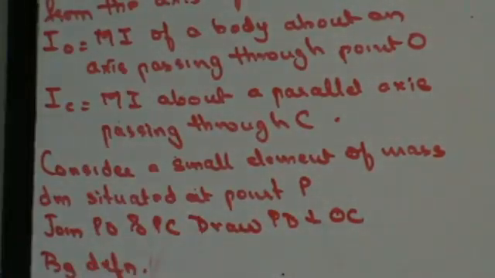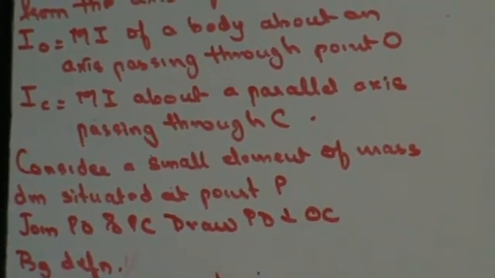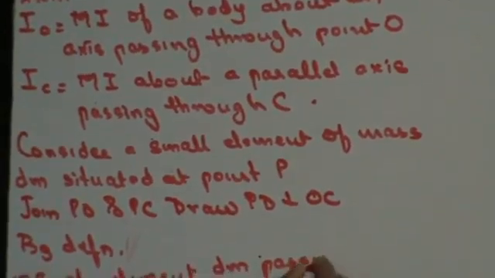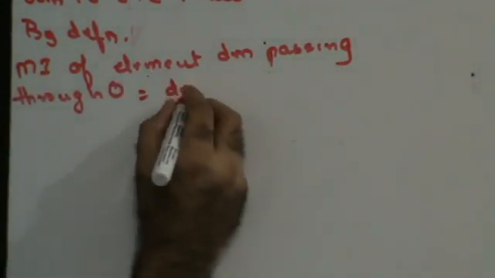Therefore, the moment of inertia of element dm passing through O is the mass, dm, into the distance, OP, squared. That will be the moment of inertia of point P about an axis passing through O.